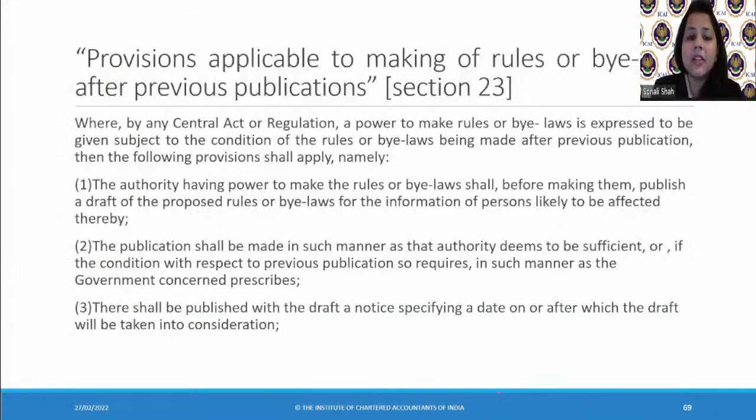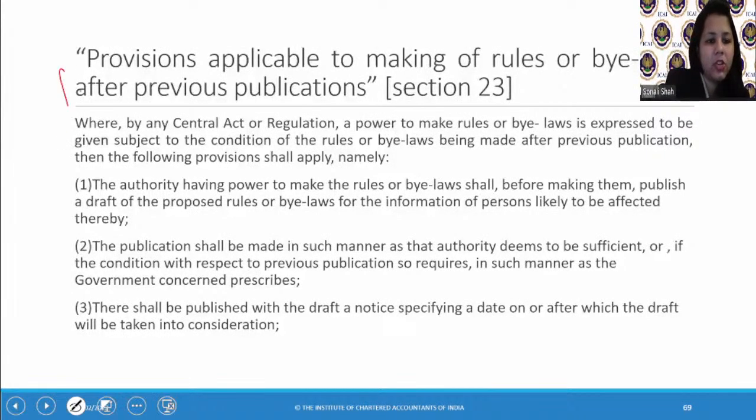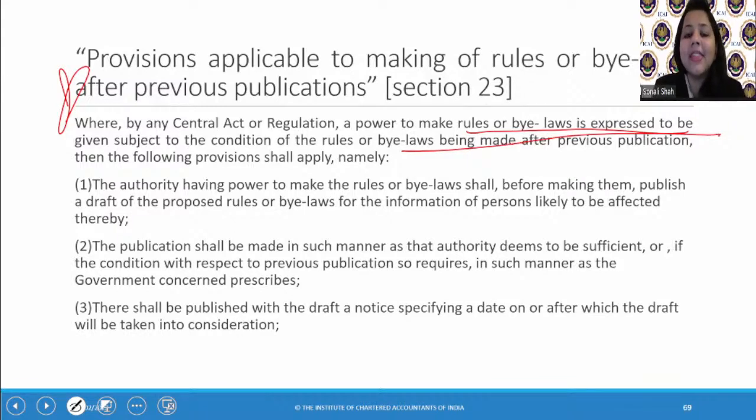So next is section 23, which talks about provisions applicable to making rules or bylaws after previous publication. Mark this section as important. Section 23 says, where by any central act or regulation, a power to make rule or bylaw is expressed to be given subject to the condition of the rule or bylaws being made after previous publication, then the following provisions shall apply.